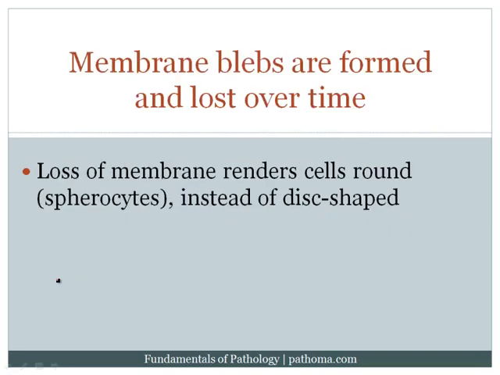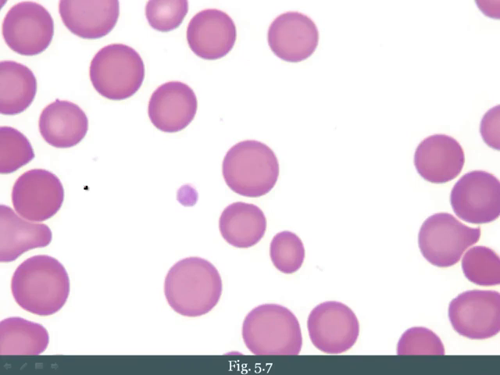Now, because of this, membrane blebs are lost over time, as I've already illustrated. The loss of membrane renders the cells round, i.e. spherocytes, instead of disc-shaped. This is what the cells look like. Notice that there is a loss of the central pallor, and the loss of central pallor is due to the fact that we no longer have the biconcave shape to the red blood cell.